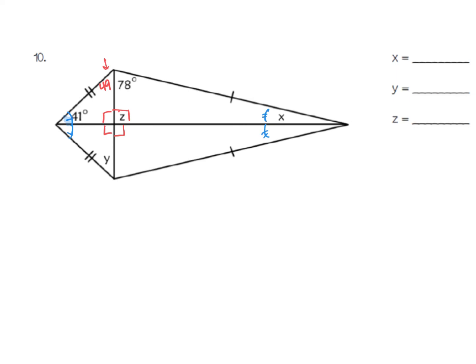So if this top angle here is 41, this has to be 41. Which means, since we have 41 and 90, this has to be 49. And again, because my non-vertex angles are congruent, if that part's 49, this has to be 49 as well, and the other is 78. Now I can solve for x because I have two triangles that are exactly the same. They are congruent. So 180 minus 78 minus 90 is going to give me 12. This has to be 12 and this has to be 12. So x here is 12, y is 49, and z is 90.